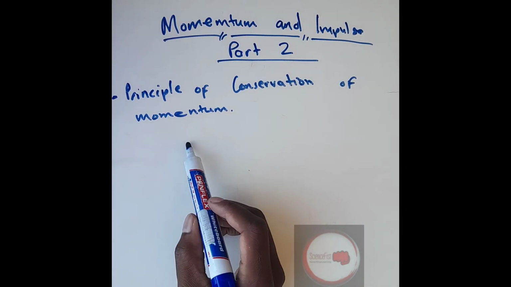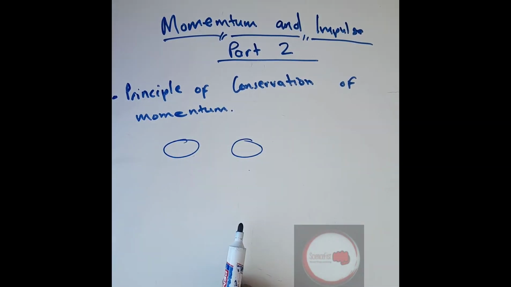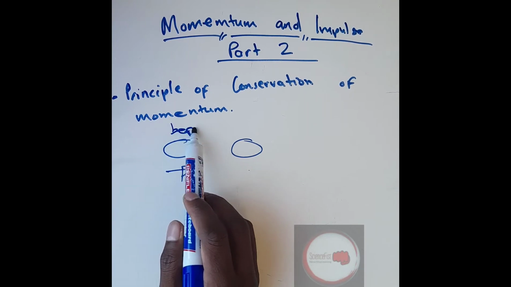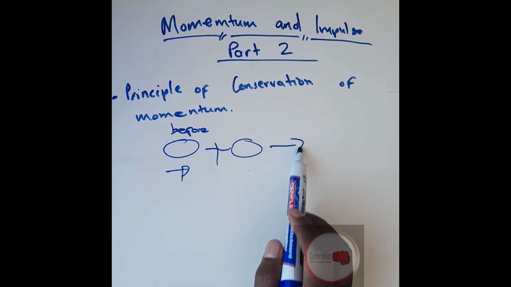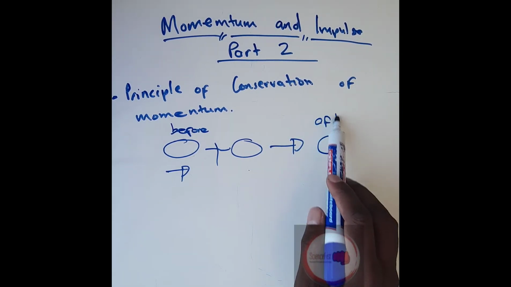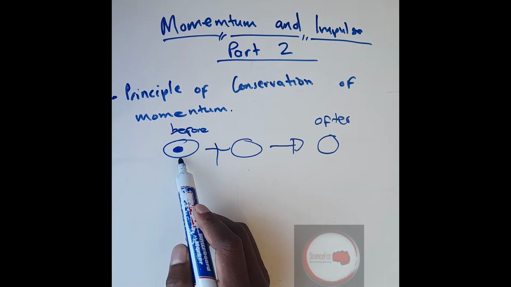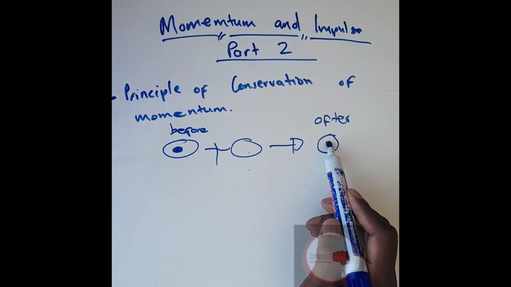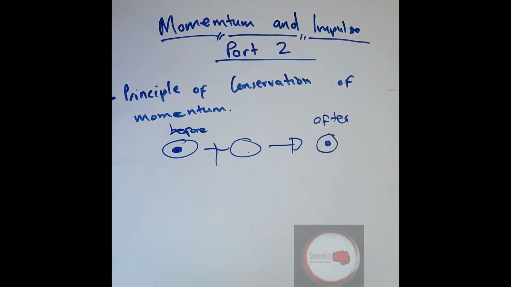So if we have an object that collides with something, the momentum that it had before the collision, and then it collides, it's going to have the same momentum afterwards. That is conservation of momentum.